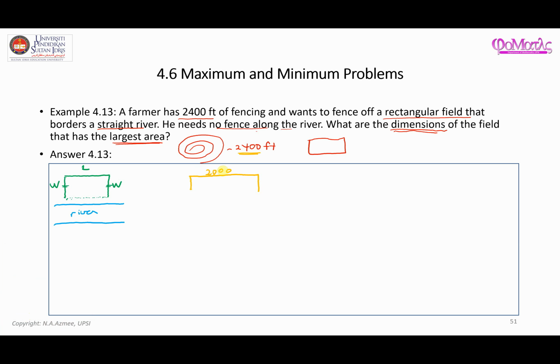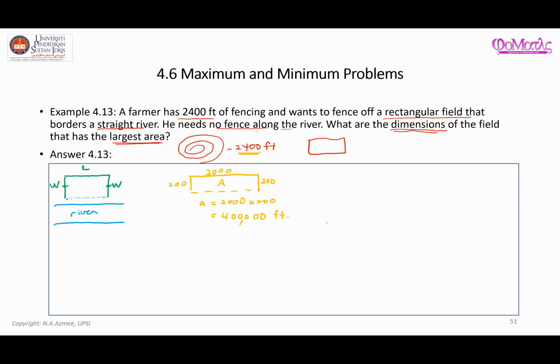And if this is 2000, that means you are left with 400 feet of fencing. You can divide that equally, so this is 200 and this is 200. Therefore, the area is just 2000 times 200, and you will get that the area is 400,000 square feet.